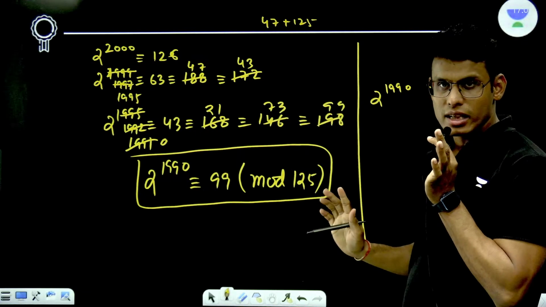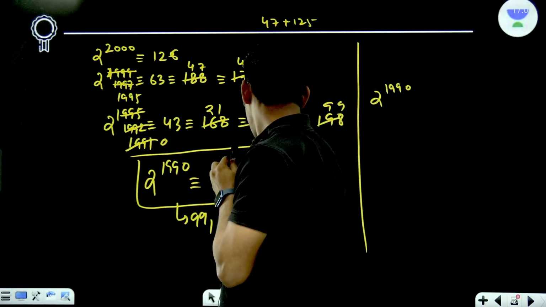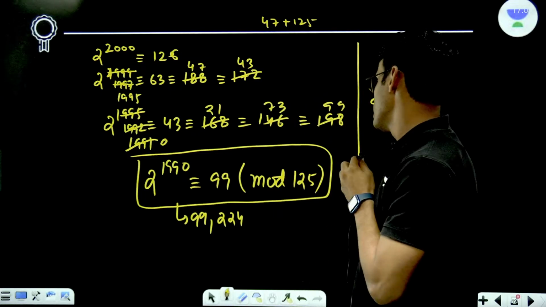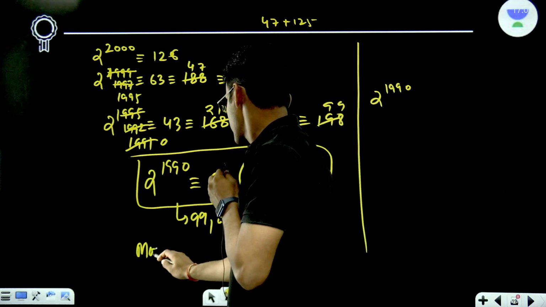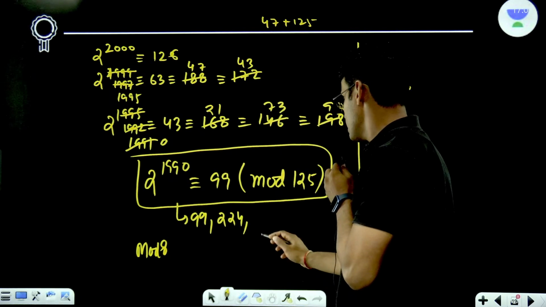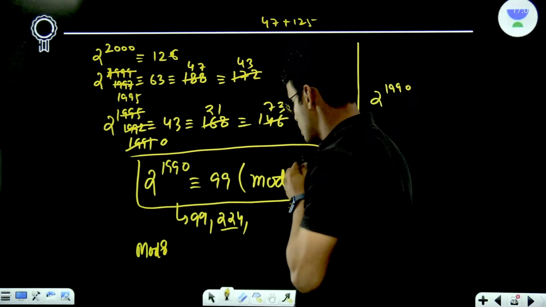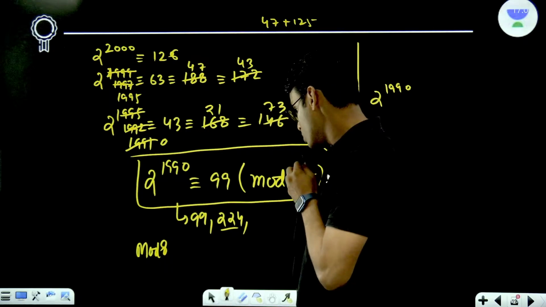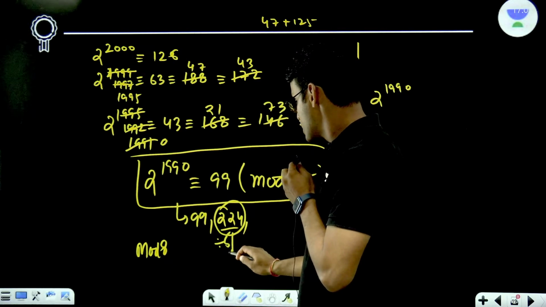Okay. 99 is correct. If I see, the next term is 224, and then check for mod 8. Check for mod 8. 224. Then add 250 to it because this is divisible by 4, but it is not. Oh, it is divisible by 8 also. This is divisible by 8.